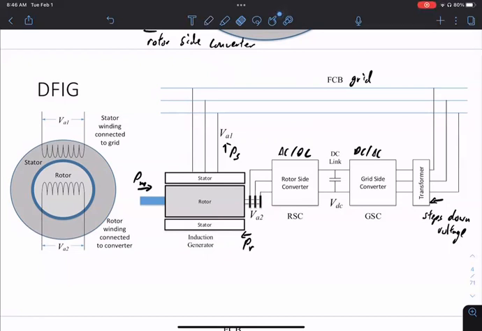So you can think of reactive power coming in this way. Or if you get the phase correct, you have reactive power flow like this. So this converter is to change the phase. This is the phase shifter.